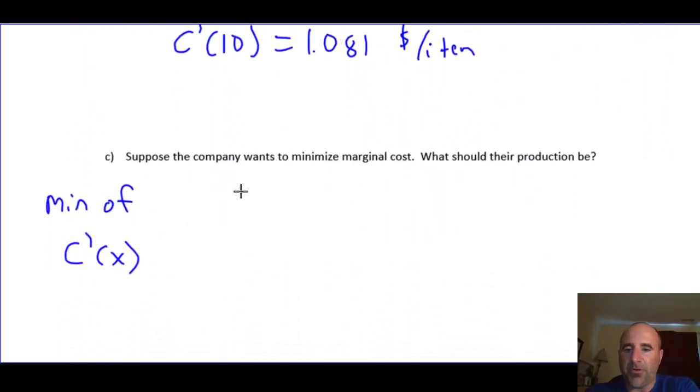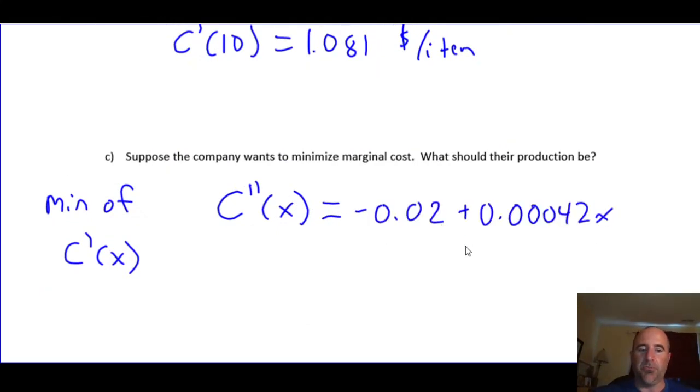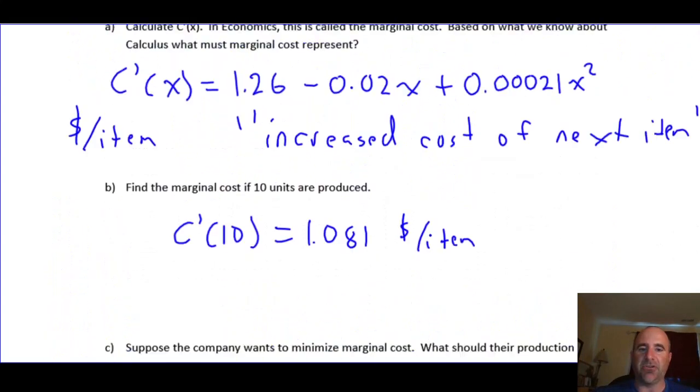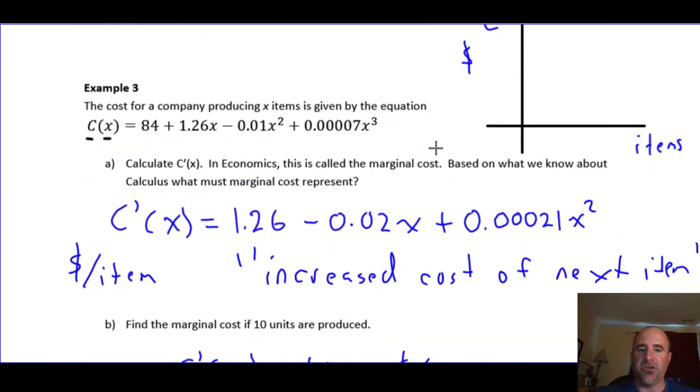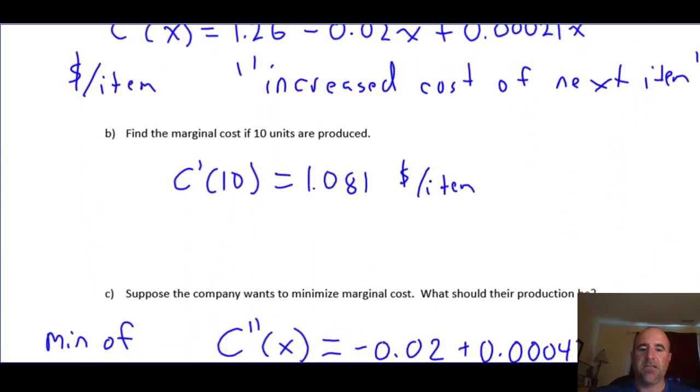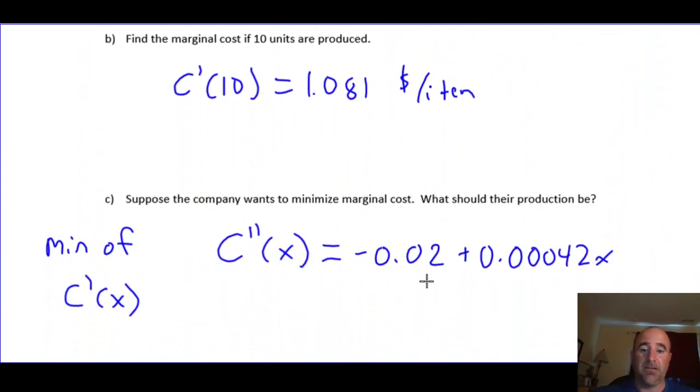So C double prime of x is going to be equal to 0.02 plus 0.0042x. Notice that every time you take the derivative, you go down a degree. So original function, cubic. First derivative, quadratic. Second derivative, linear. If you looked at the derivative past that, you get a constant value. Okay, so degree 3, degree 2, degree 1. You could keep going. There's such a thing as a third derivative.